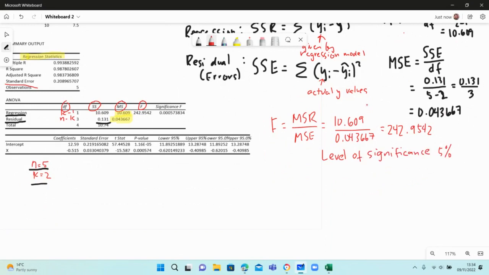And what we mean by this is the following. So let's try to illustrate that graphically. So the F distribution actually is a curve that looks like this.